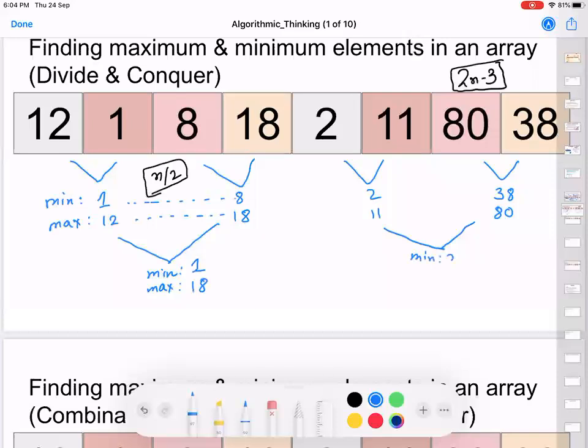Similarly, minimum is 2 here and maximum is 80 here. So how many comparisons did I do at the second layer? For the first layer, it was n by 2, right? So if you think about it for some 15 seconds, you will realize that at any particular step here, you are going to do a number of comparisons which is actually equal to the number of elements here.